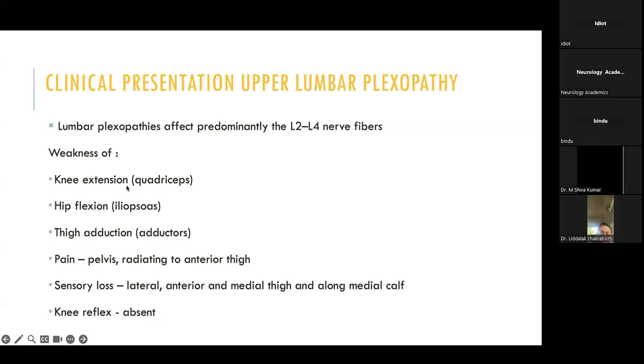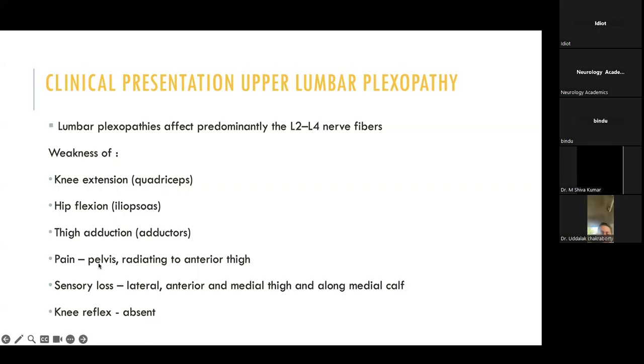The patient will have a knee extension weakness, and the iliopsoas supplied by the same upper lumbar plexus is affected, so there's a hip flexion weakness, and also the adductors supplied by the obturator nerve. It is also derived from the upper lumbar plexus. So thigh adduction weakness. So knee extension, hip flexion, and thigh adduction weakness. These are the presentation in upper lumbar plexopathy.